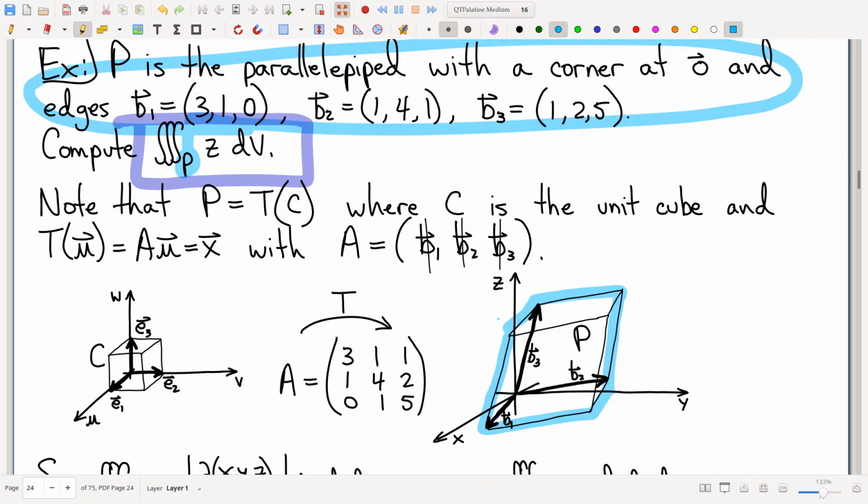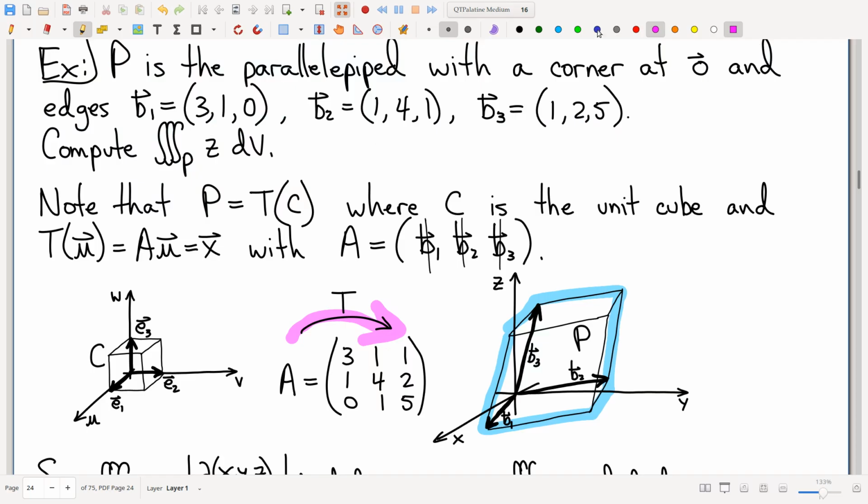Okay. So the big question, what should I use as my change of variables function? Right? So this parallelepiped is the image by what change of variables function of what pullback domain? And there's a wonderfully convenient answer to this question. It's almost like a little magic trick.